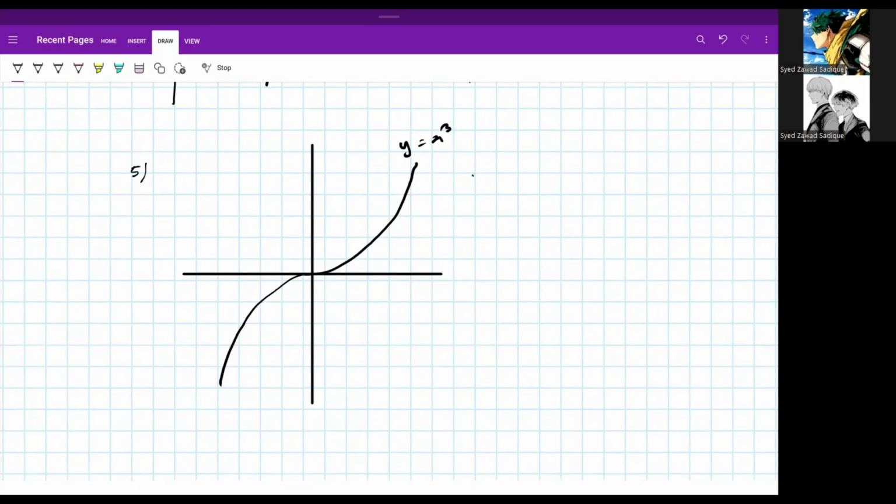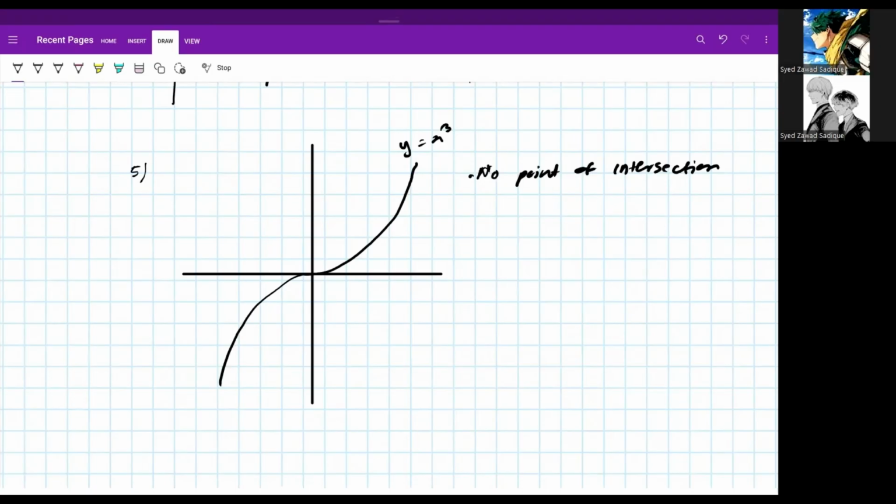Note that there is no point of intersection.